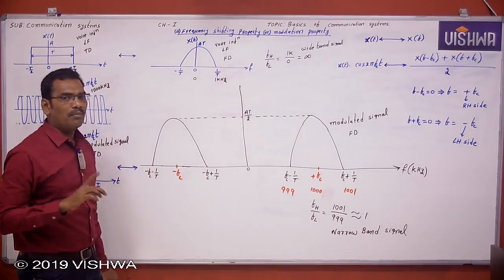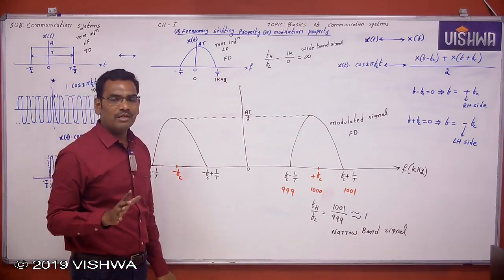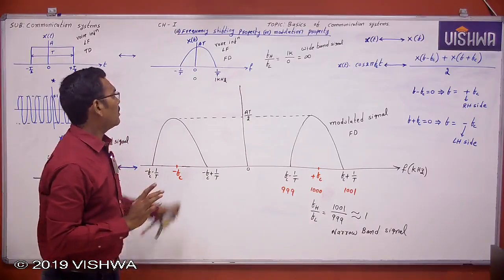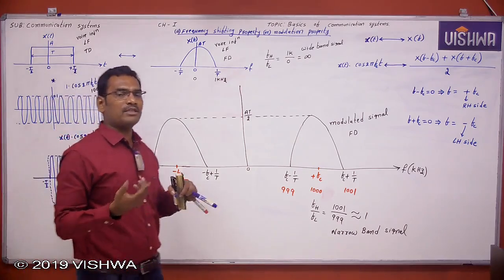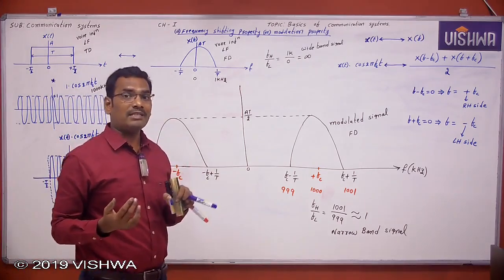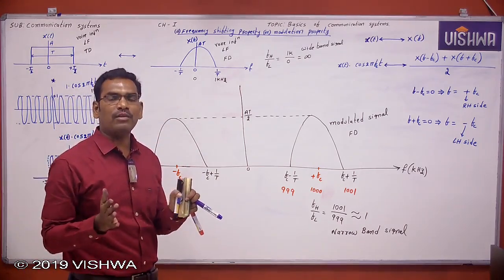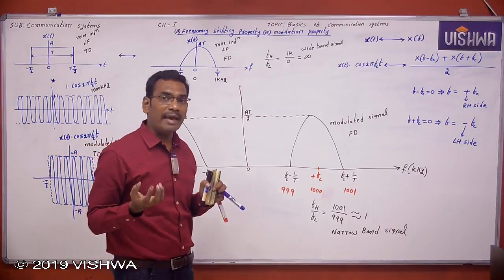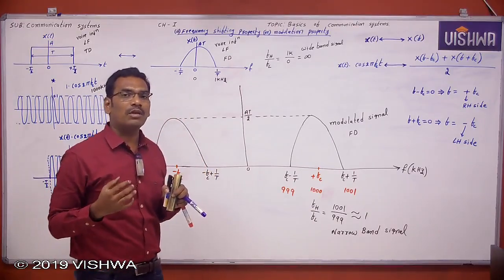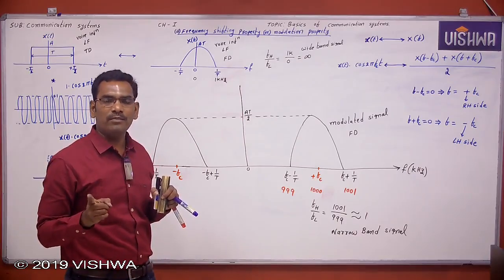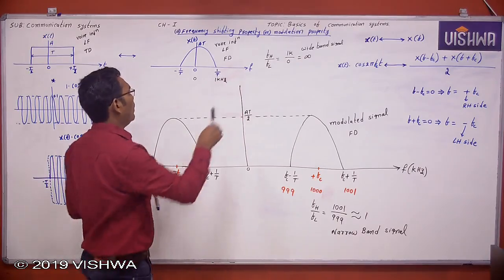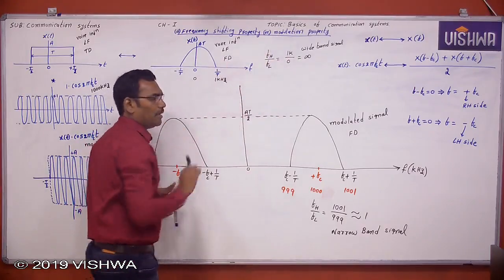Understand? Without modulation you cannot transmit the signal. Without modulation I cannot fulfill the application of communication. I cannot transmit the information from one point to another point. The basic aim of a communication system is to transfer the information from one point to another point, which is possible only with the help of modulation.